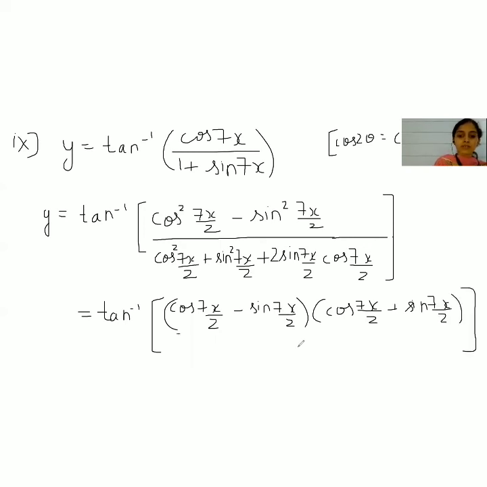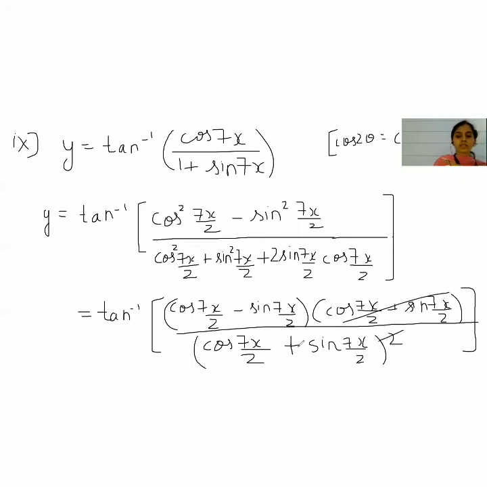And the denominator is a square, or is an identity, so we'll write it as cos of 7x by 2 plus sin of 7x by 2, the whole square. So one term gets cancelled.